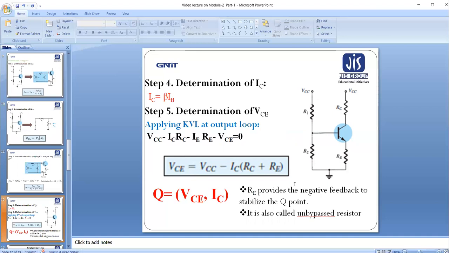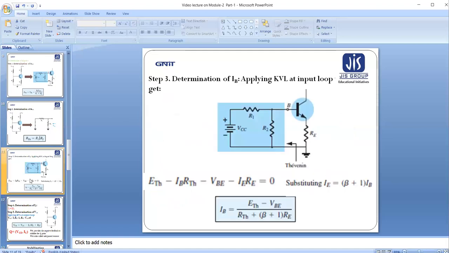In this case, this RE resistance plays a vital role to stabilize the Q point. That's why RE resistance is called the unbypassed resistor, and it provides the self bias. If we go back to our previous slides, we will see the equation ETH minus IB RTH minus VBE minus IE RE.